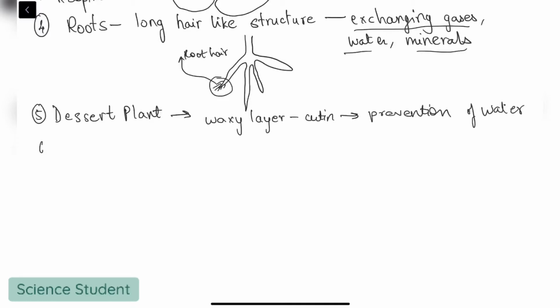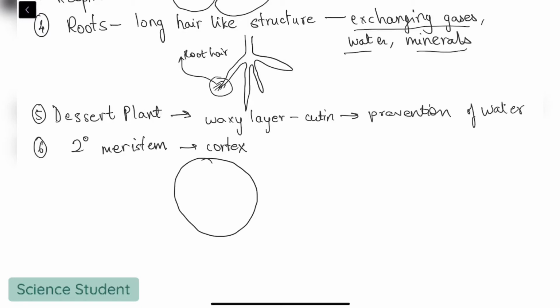One more, the sixth point: they have the secondary meristem located in the cortex. Cortex is nothing but the center of the bark. Like if this is the bark, there are many layers, and the center one is cortex.